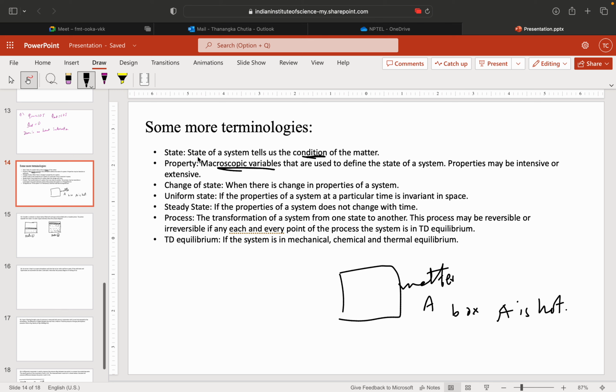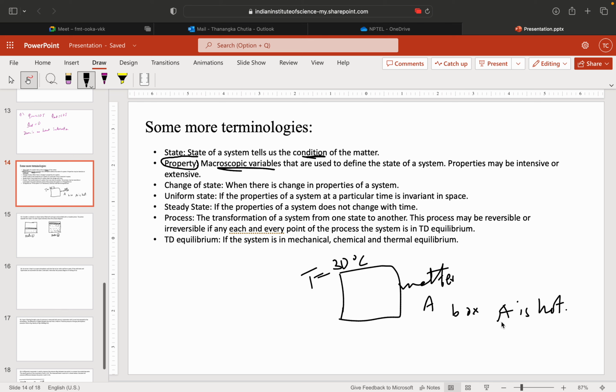These macroscopic variables are called the properties of the system. For example, temperature. If I say that the temperature of this box is 30 degrees Celsius, it is 30 degrees Celsius for you, for me, and for every person who comes and measures with the same thermometer on the same box.